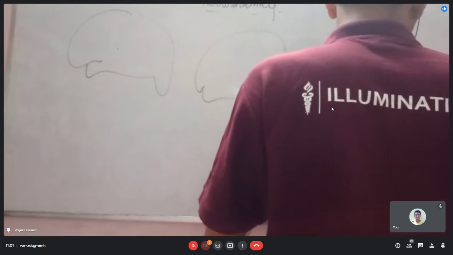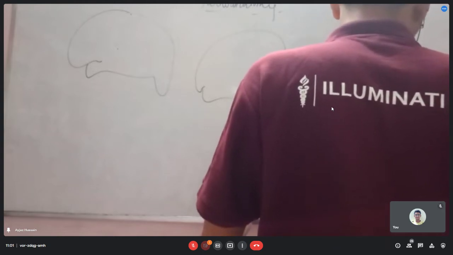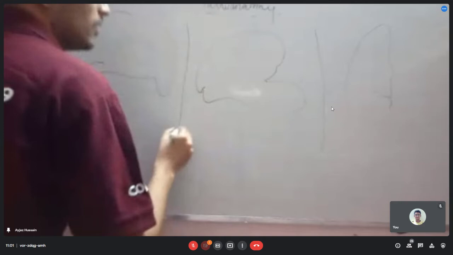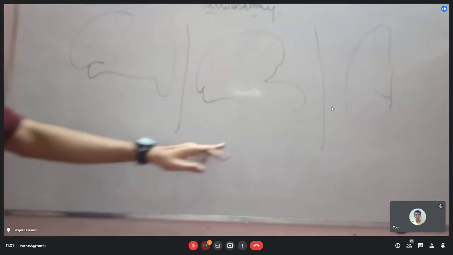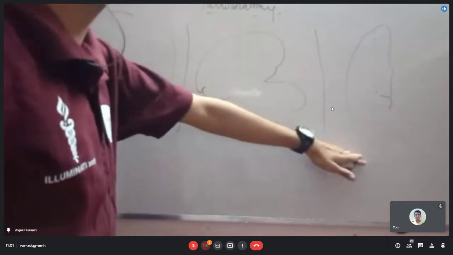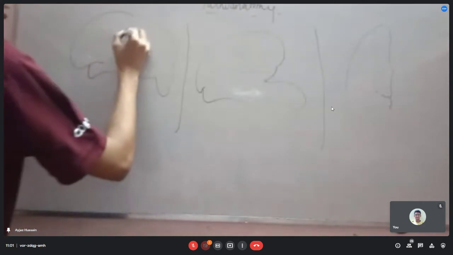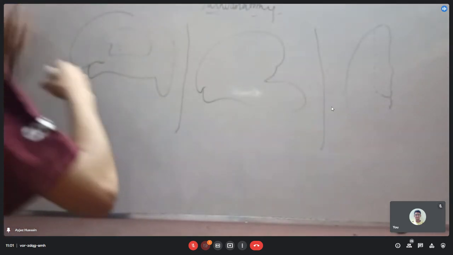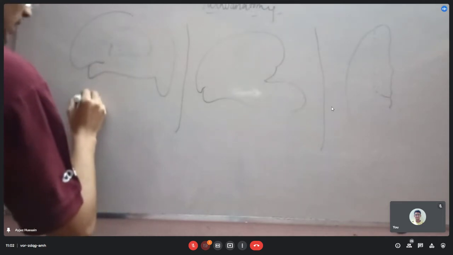These diagrams are very familiar from the books of neuroanatomy. So first of all, these are various views of the brain that we're talking about. I'll draw the caudate nucleus.